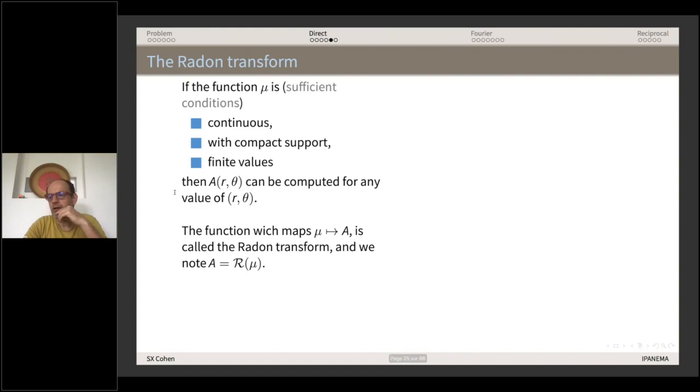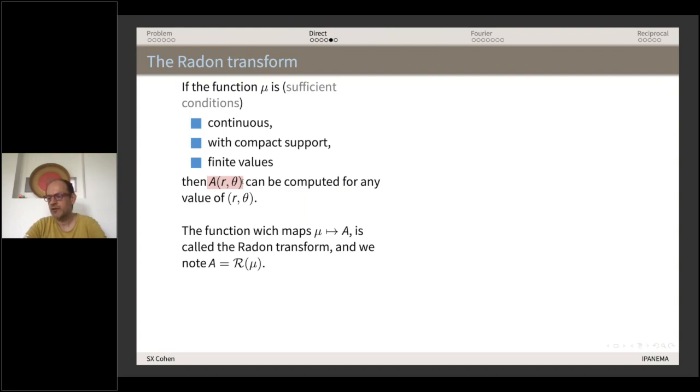Then we can demonstrate that the integral that I showed you before can be computed for any value of r and theta. Okay, by the way, there are a lot of values of r which are just too far from the object and which will produce 0, and that's not really interesting. What we're interested in is all the values for which we have a bit of signal. So this attenuation happens. It's not 0.